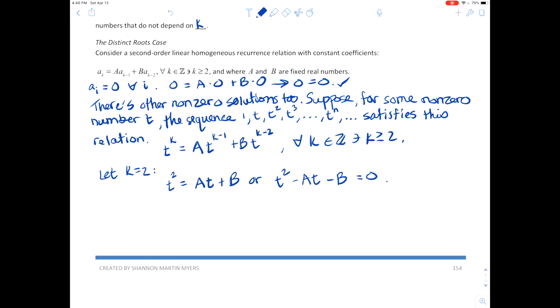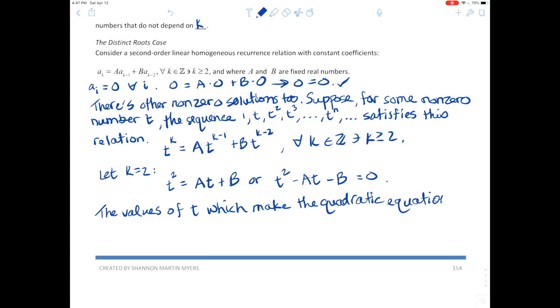And as we talked about, this is quadratic in form. So the values of t which make the quadratic equation true can be found how?